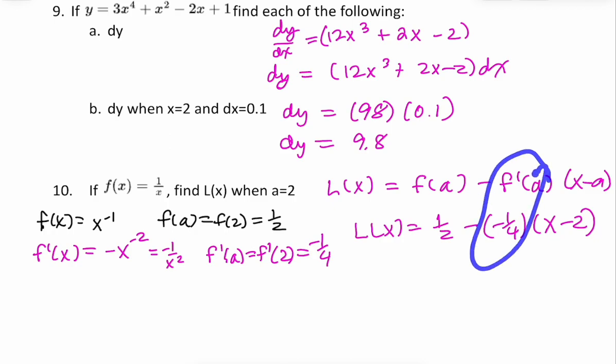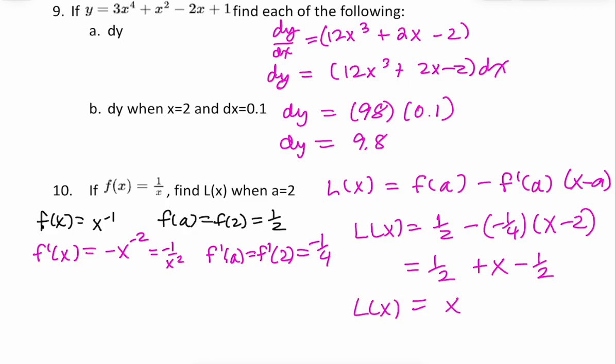F prime of a is the function in the first derivative, negative 1/4, right here. And then our a is 2, so just put a 2 there. And then let's pretty this up a little, and then we're done. We get 1/2 plus x. 3 negatives make a negative, so that would be not minus 1/2. And so, you know, I just distributed, and I got x. We're done. That's our answer.